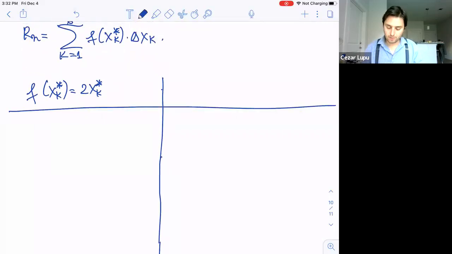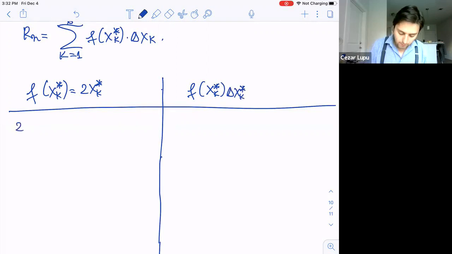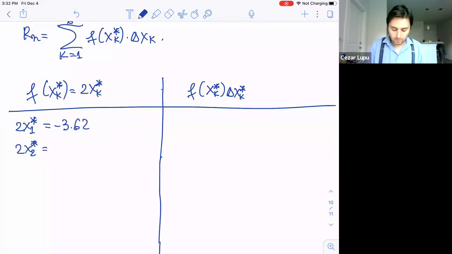And now we're going to put f of xk star times delta xk. So here we have 2x1 star, this would be negative 3.62. Then 2x2 star will be negative 2.24.